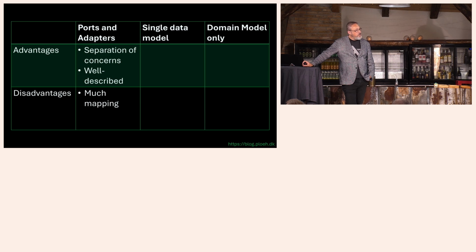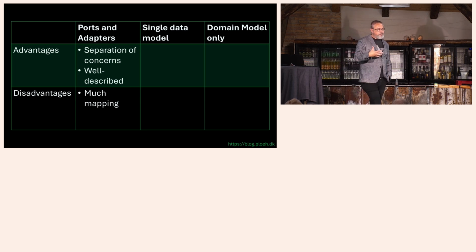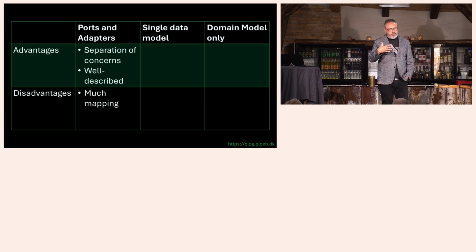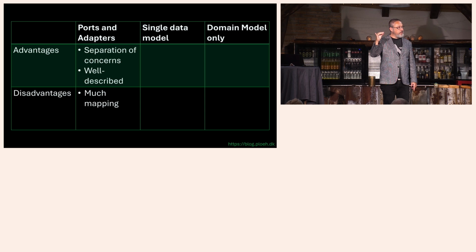On the other hand, there's a lot of mapping going on. So if you recall that date of birth example that I started out with, let's just count it again. You need to add a UI element. You need to add the field to the view model, to the domain model, and to the data model, and also to the database. So that's 5 things.